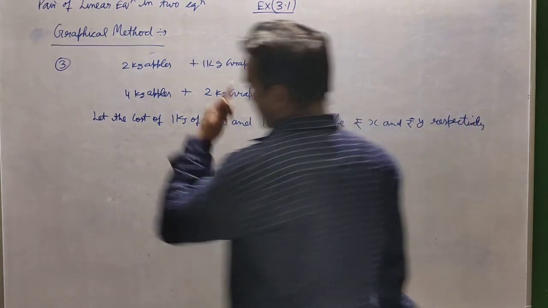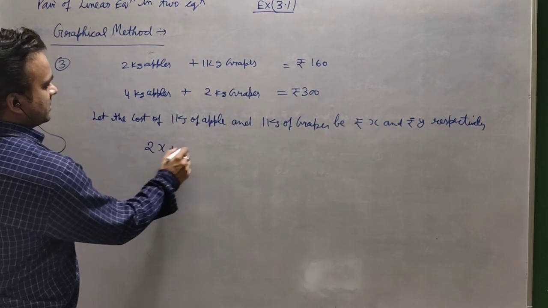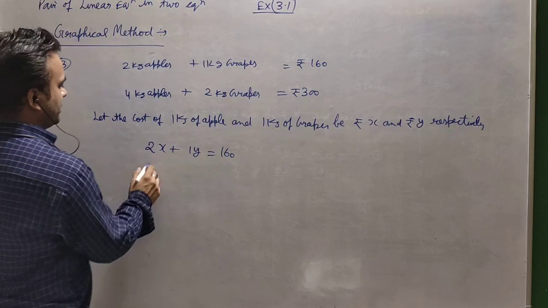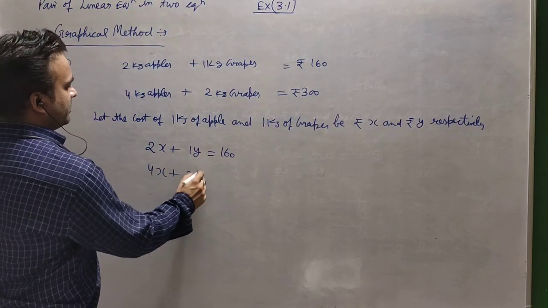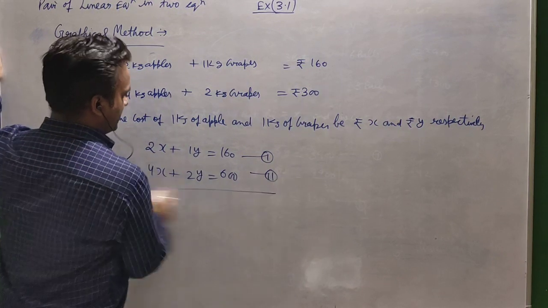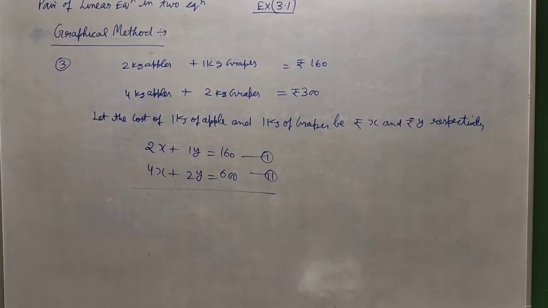Simple. So what is the equation formed by the first case? 2x plus y is equal to 160. For the next one, 4x plus 2y is equal to 600. And I think now you can draw the graph easily.